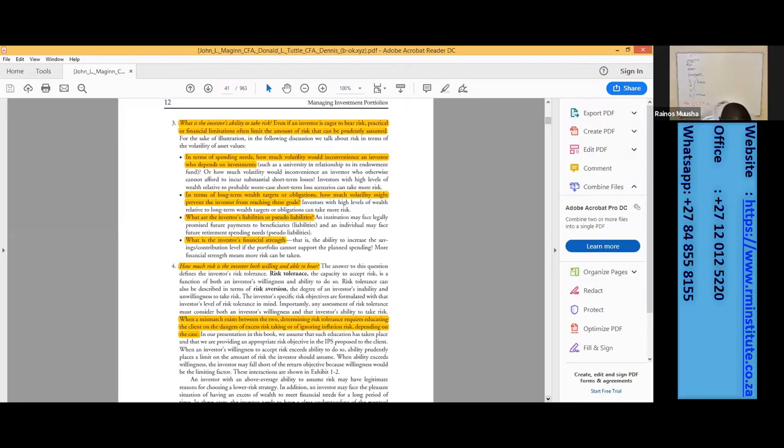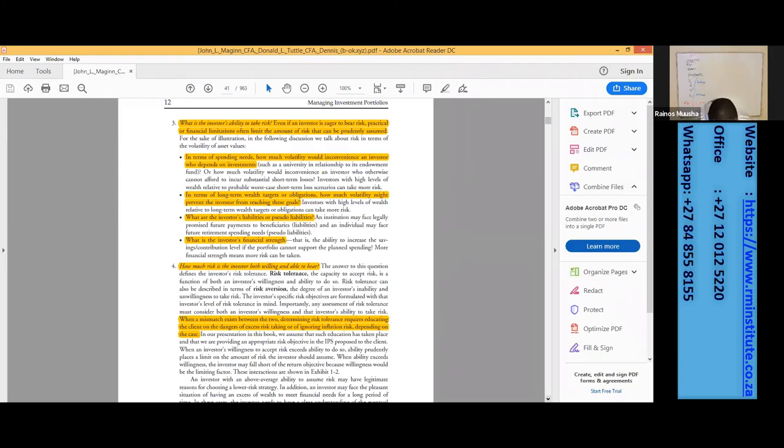The next issue is, in terms of long-term wealth targets or obligations, how much volatility might prevent the investor from reaching these goals? Another issue to address is, what are the investor's liabilities or pseudo liabilities as well? Then the next one is, what are the investor's financial strengths? These are the issues you are going to look at to determine the investor's ability to take risk.